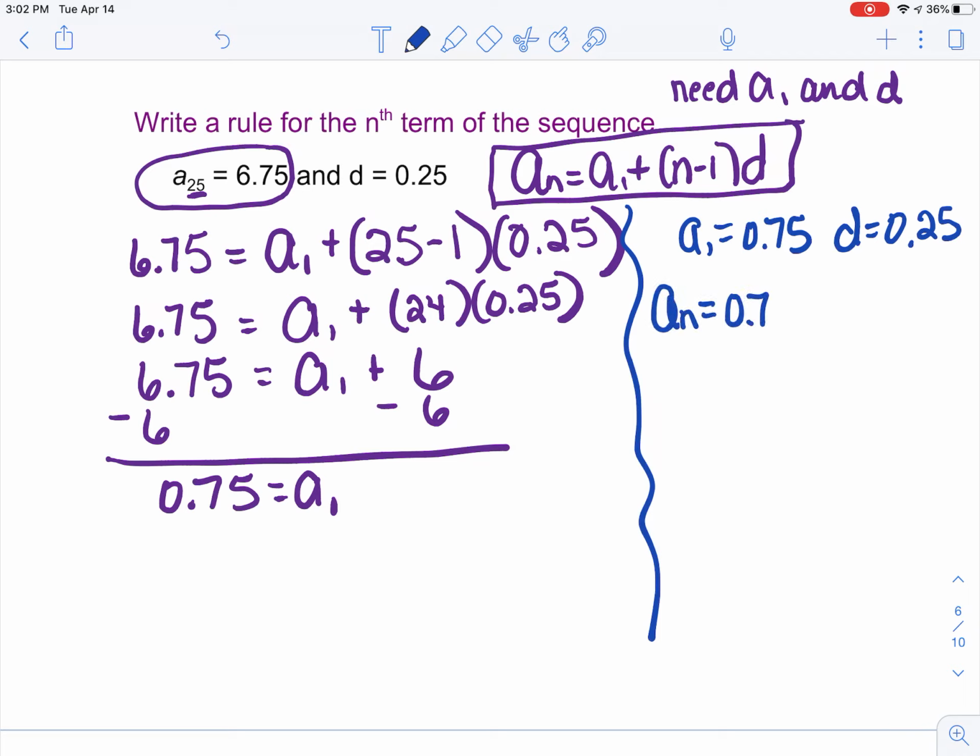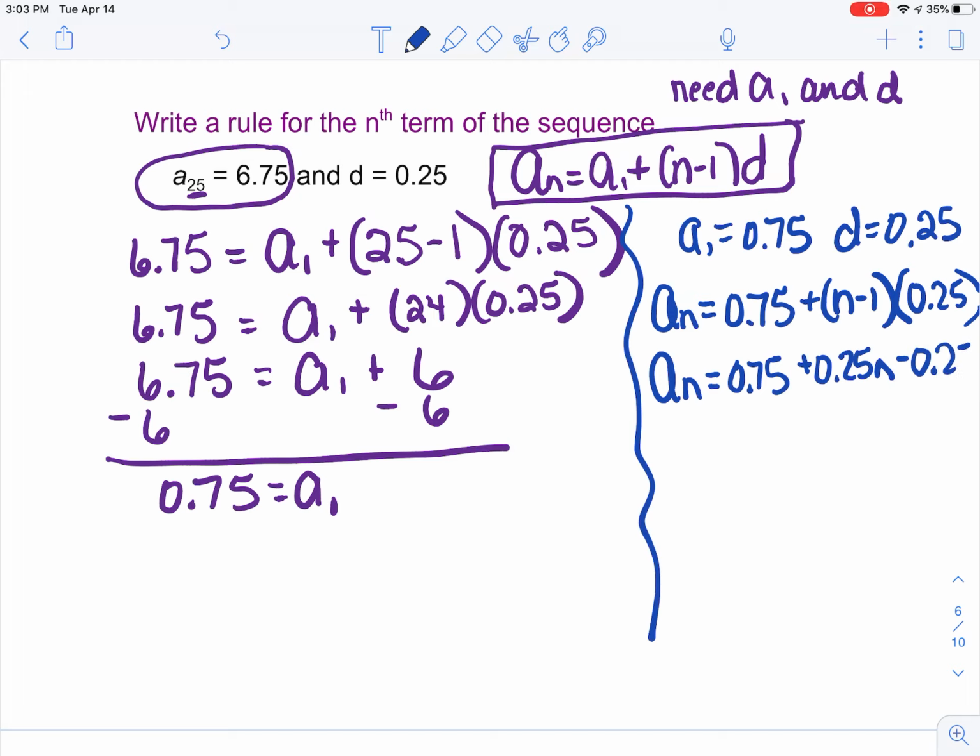So a sub n equals 0.75 plus n minus 1 times 0.25. Remember, if I'm looking for a rule, I need my n's to stay there. A sub n equals 0.75, distribute, plus 0.25n minus 0.25.